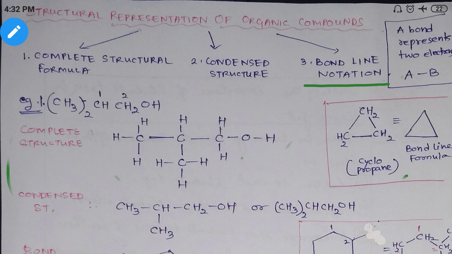In bond line notation we do not show the carbon atoms. ठीक है, bond line notation में कार्बन एटम्स को शो नहीं किया जाता. कार्बन और हाइड्रोजन एटम्स को बॉन्ड लाइन फार्मूला लिखते टाइम शो नहीं करना होता है. Apart from carbon and hydrogen, if any other atom is there, you have to show that.